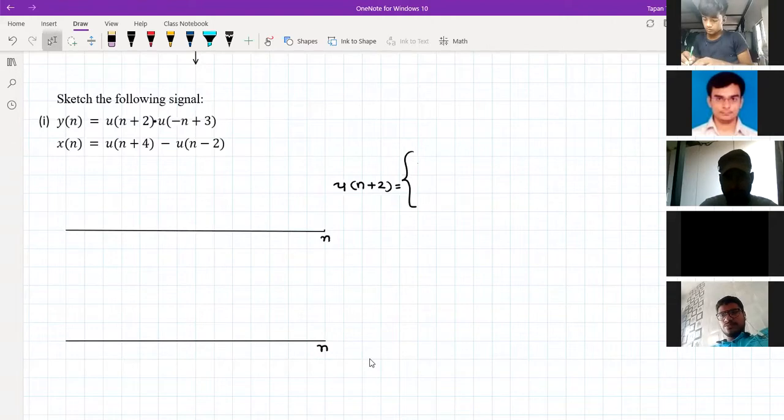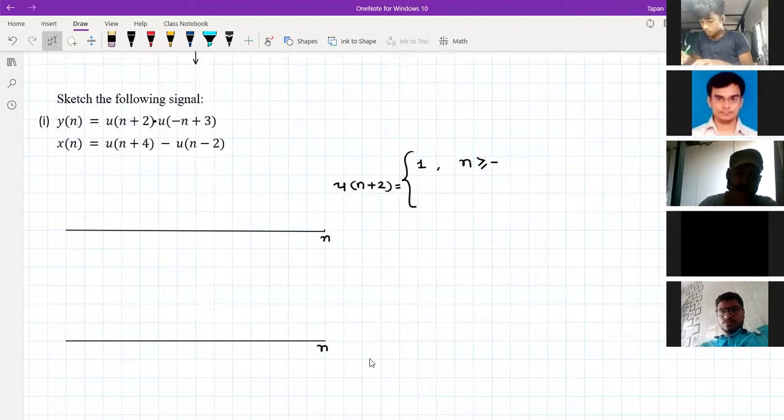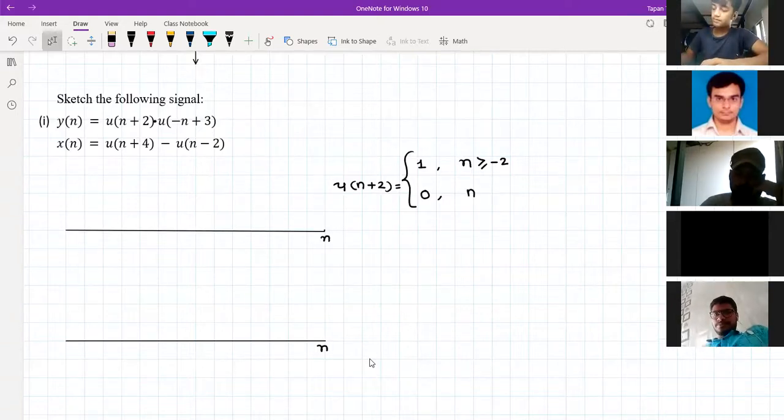So it is 1 for n greater than or equal to minus 2, and it is 0 for n less than minus 2.